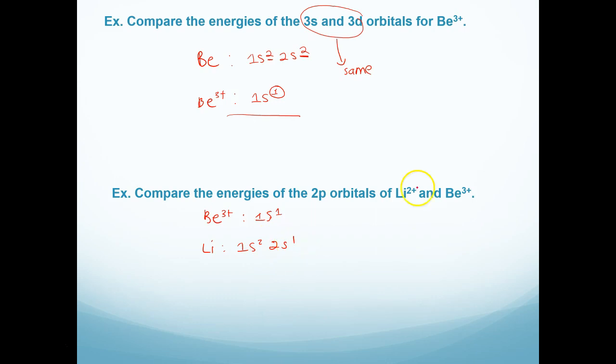If we go ahead and take away 2 electrons because of the +2 charge, we get lithium 2+. We take away the outermost one first and then one here, so we get 1s1 as well. So we actually have the same electron configuration for both of them, so these will be the same in energy.